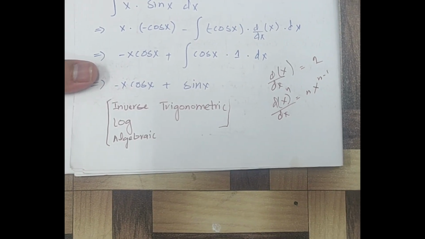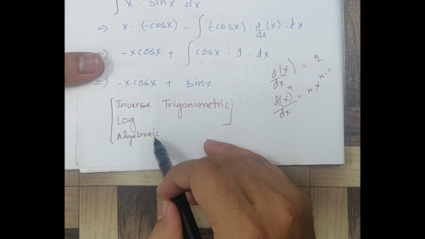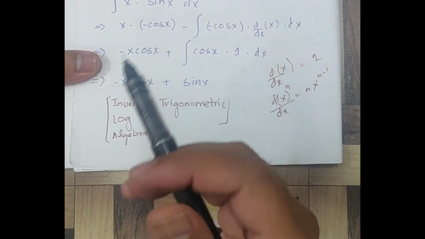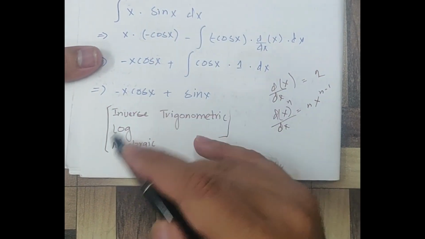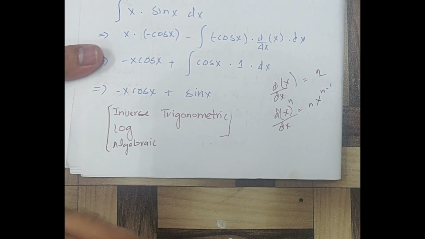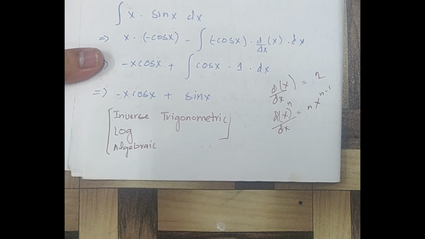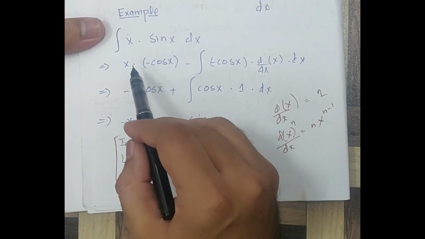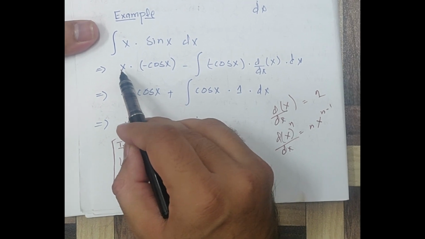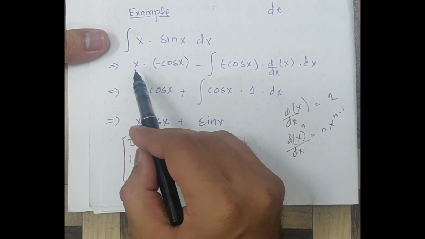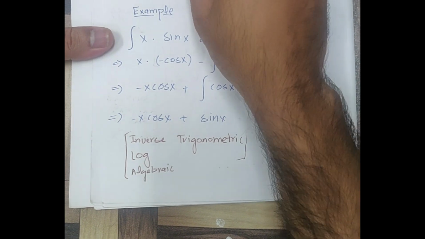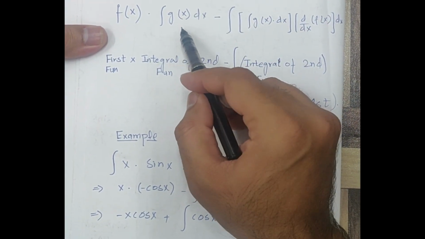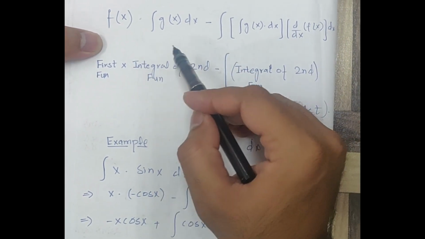Similarly, if I try to make algebraic functions the second function, it will expand the solution instead of converging it to one, two or three terms. If I had chosen x as the second function, it would have integrated x again and again.